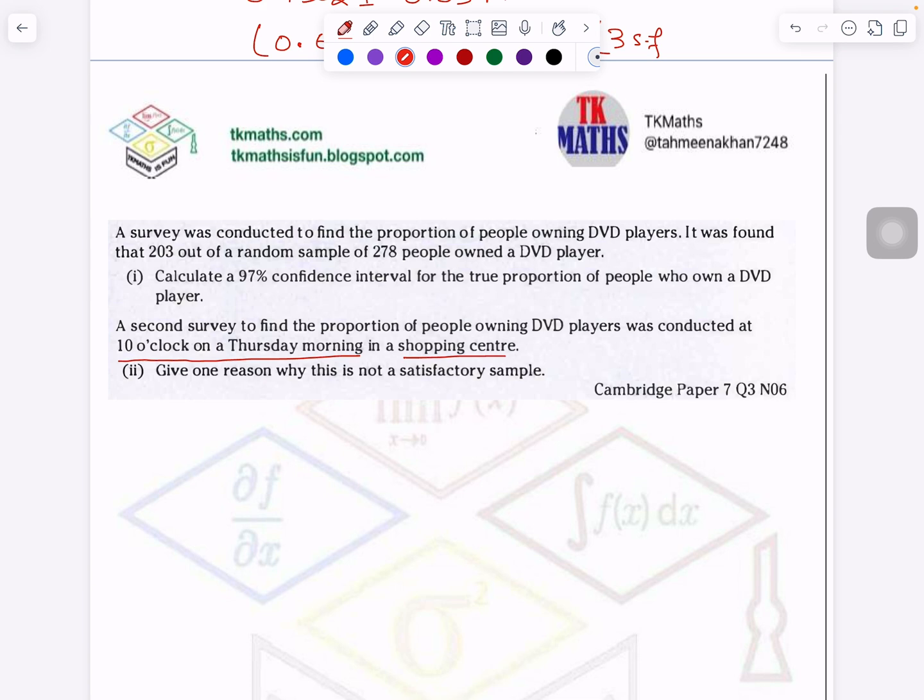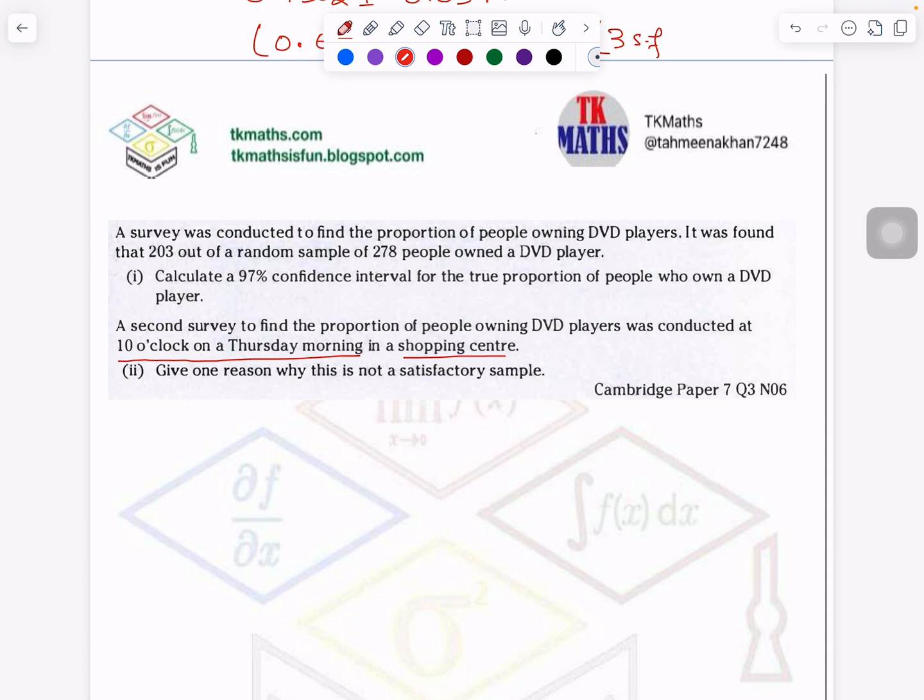What do you think? There are many reasons; you can write any one. Why would the sample not be representative of the entire population? One reason is that only specific people who go to that shopping center will be part of the survey. Number 2, only because it is in the morning, only unemployed or maybe retired people will be part of the survey, because employed people will be at work at that time.